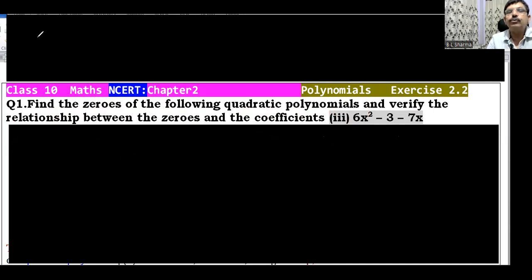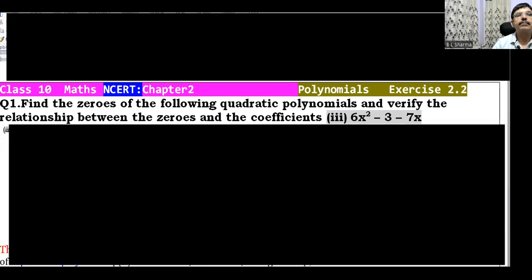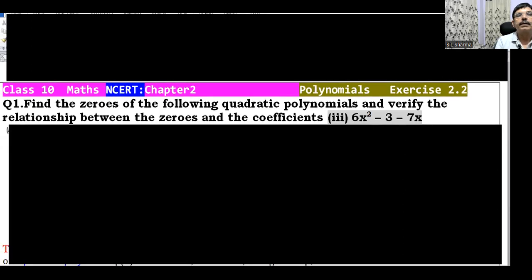First of all, students, we have to arrange this in standard form. We can write 6x square minus 7x minus 3. You write in descending order of power of x: the power of x first 2, then 1, and then the constant term.